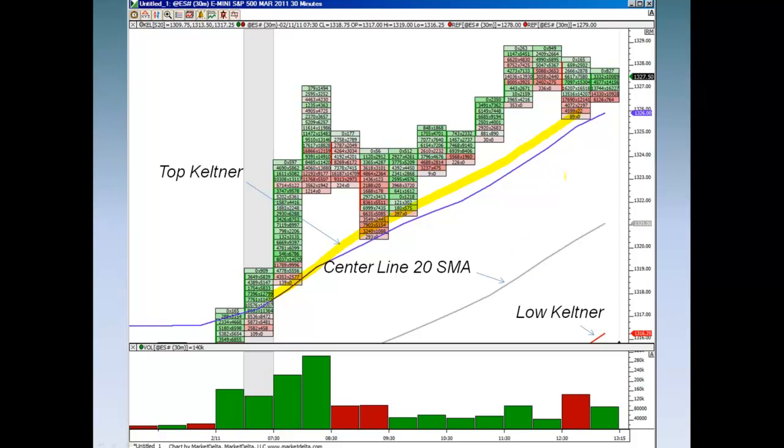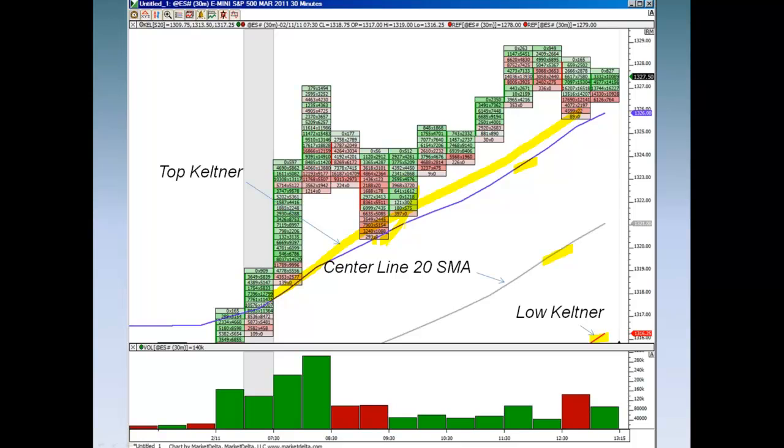Another way that the Keltner is very useful is it shows me when the directional movement begins to weaken. And the levels within the Keltner provide me levels of support and resistance, and sometimes also targets. So take a look here at what happened when prices dropped to the top Keltner or the upper Keltner and then came right back up again.